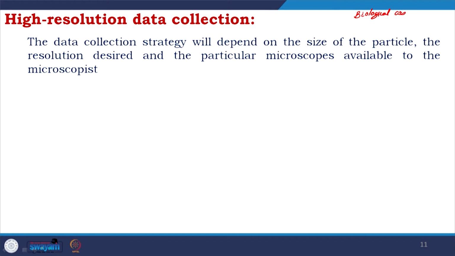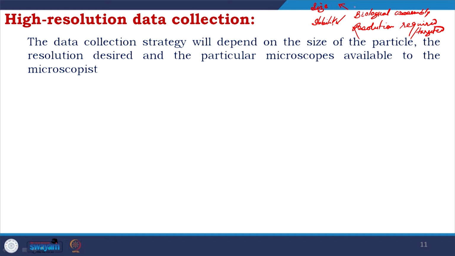biological assembly. What is the size and what is the stability? Talked about size, stability. So, that is the first thing. Second, the resolution you want, so resolution required or targeted.